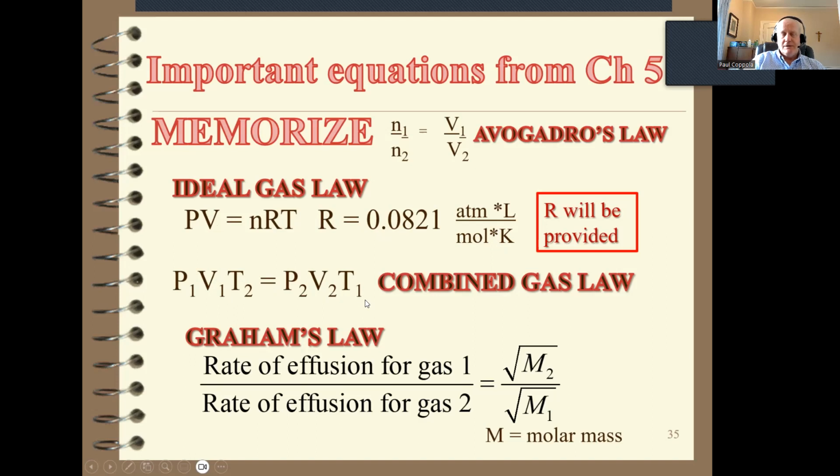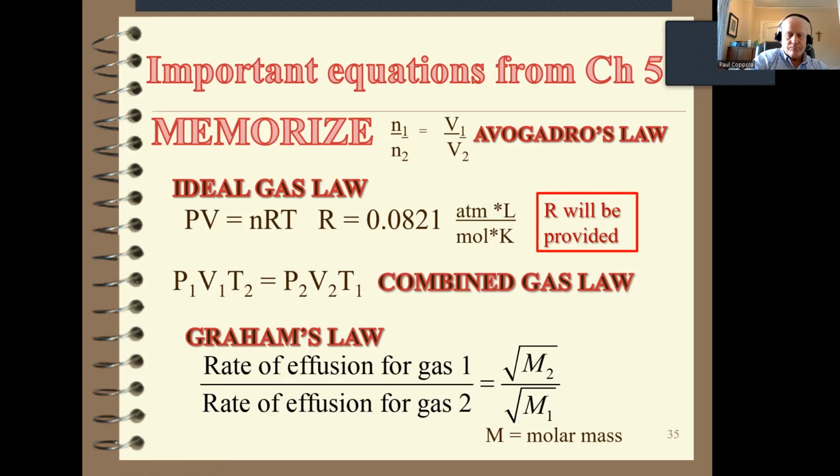Very nice. If you have a problem with only two of the variables, cancel out the other one and then proceed. And remember, it's plug and then chug. We plug in the values and solve for the unknown variable. And here's Graham's law again. Think about it, it should be easy to remember: just the inverse square roots of the molar masses.